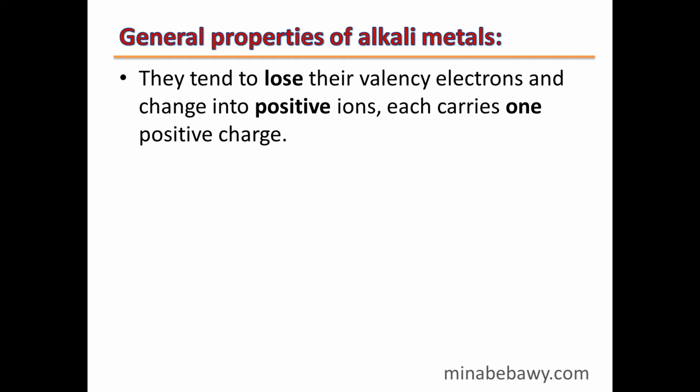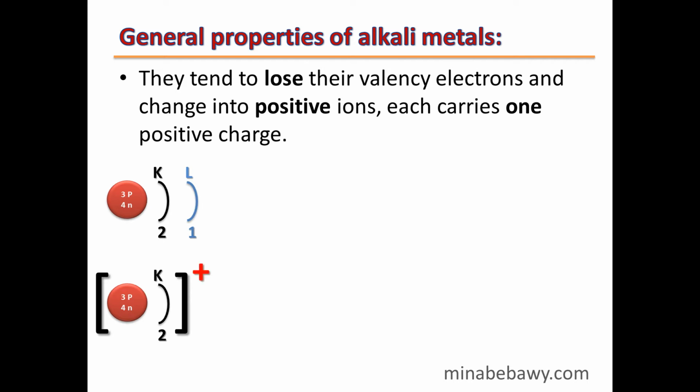The fourth property is they tend to lose their valency electrons and change into positive ions. Each carries one positive charge. For example, this is a lithium atom. During chemical reaction, it will lose one electron and change into lithium ion.